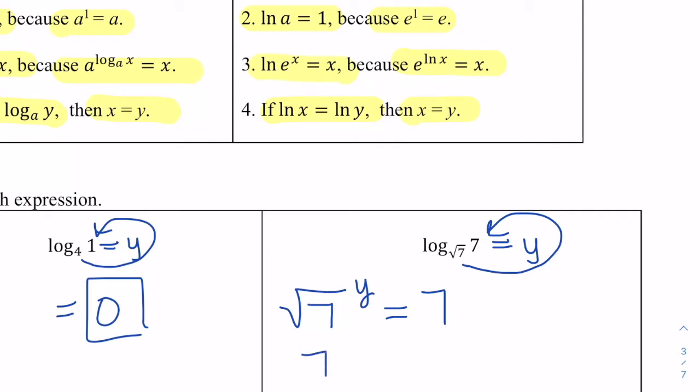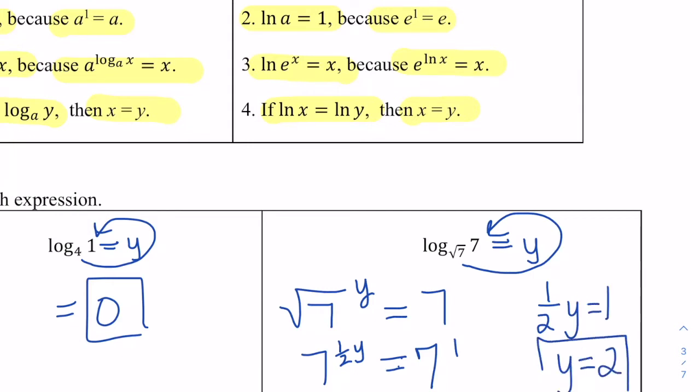So I'm going to rewrite this as 7 to the 1/2 times y equals 7 to the 1. So we know that 1/2 y equals 1, so y must equal 2. And that makes sense because if you're squaring 7, then you'll get back to 7.